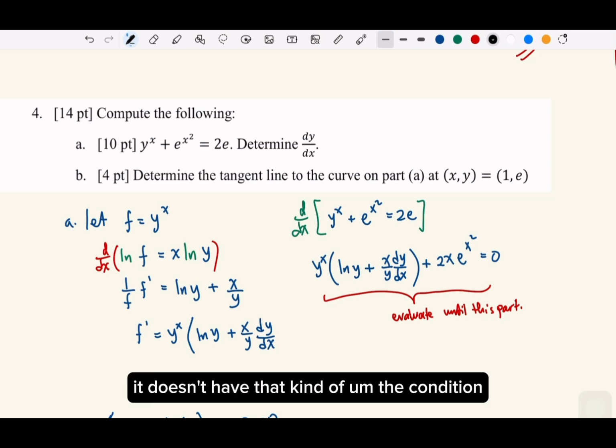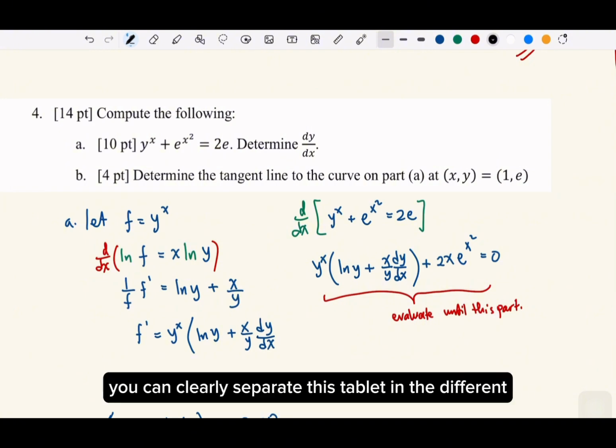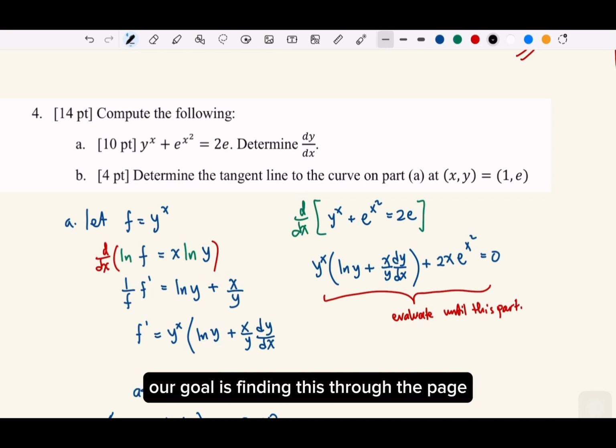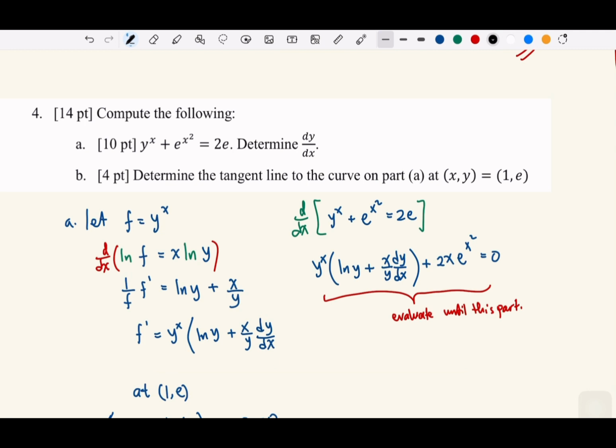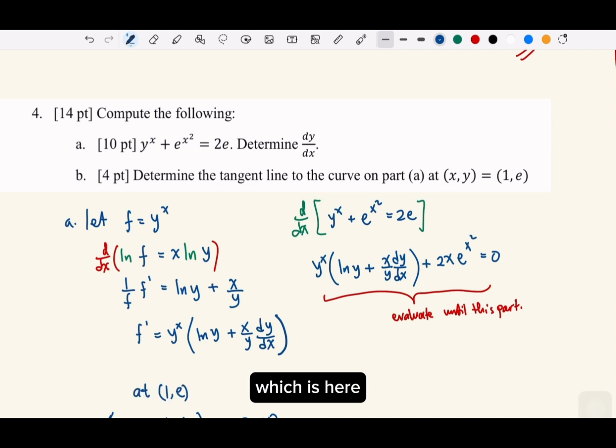Anytime we have that kind of definition, you can clearly separate this, calculate on a different side of the paper, like this. You can take this as f. Our goal is finding this derivative. Okay, this derivative is actually, oh, maybe I forgot the bracket. Yeah, like that.